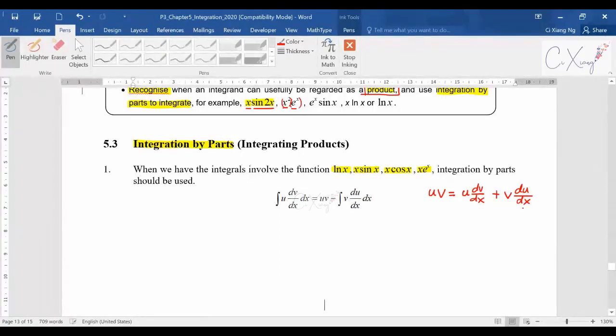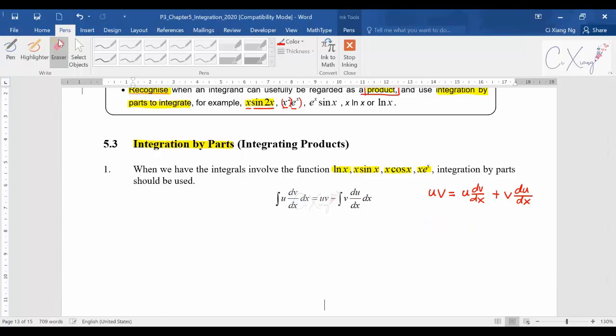They actually try to rephrase everything again, so you have u dv over dx equals uv minus v du over dx. All right, so this is what they have actually, something like this.